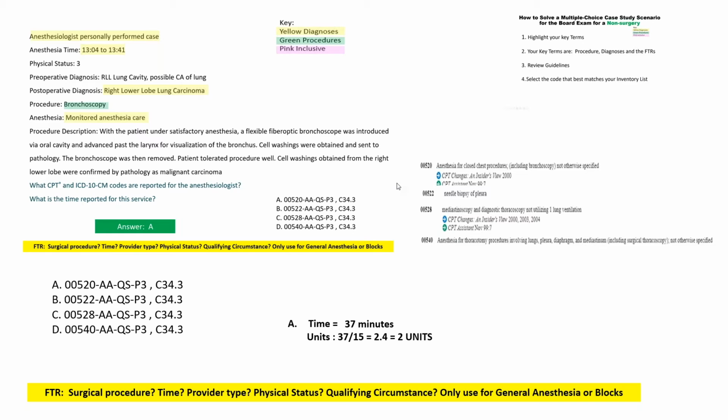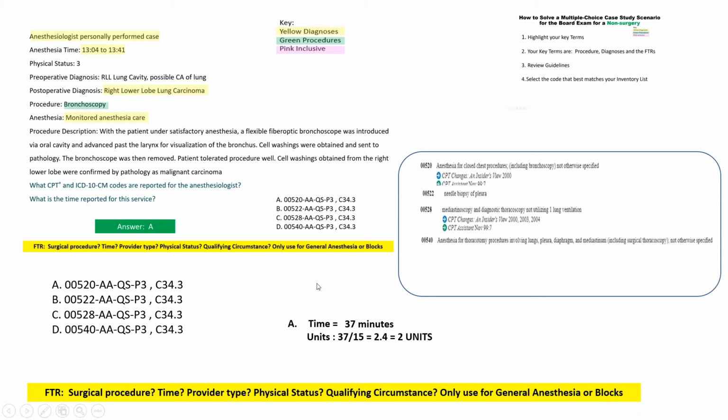That will give us around 2.4. Since it's not reaching 2.5, we won't be rounding that up, and it will be 2 units. If it reaches around 2.5 or 2.6, from there onwards, we will be rounding that up to 3 units. Since it's just 2.4, it will be only 2 units for this one. I hope that's clear.